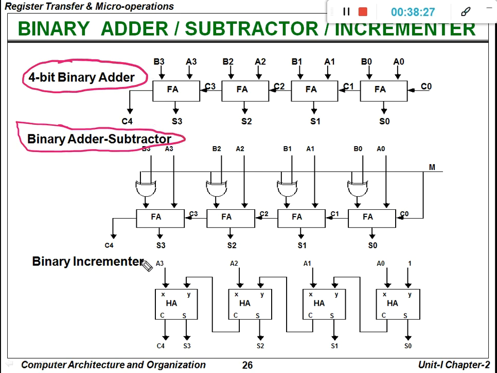And for performing the increment operation, where we add plus 1 to the value of the register, we need a binary incrementer. Using these circuits, we perform addition, subtraction and increment operations. So that's all about today's class.